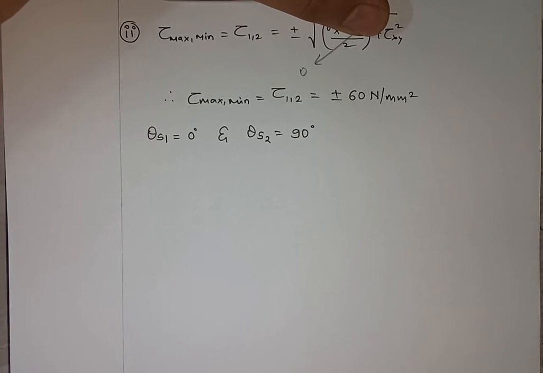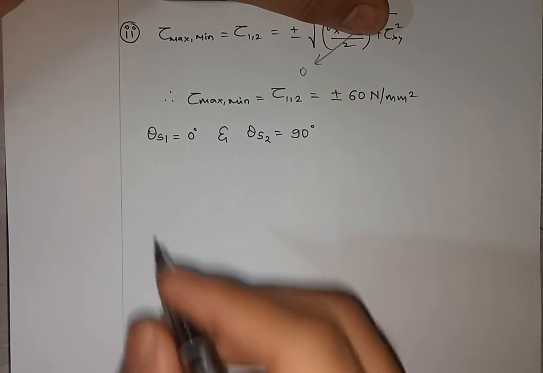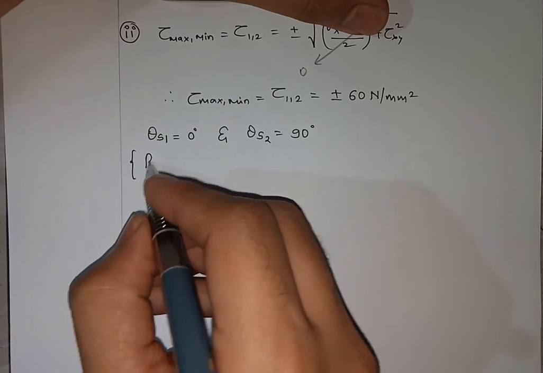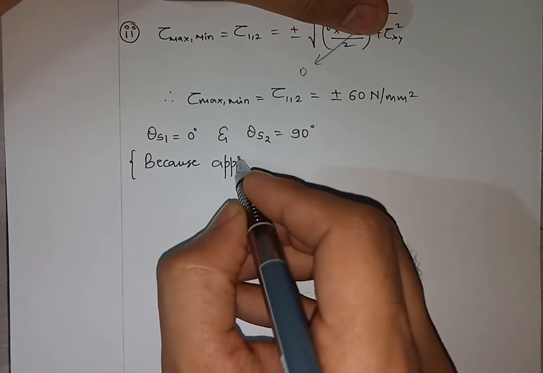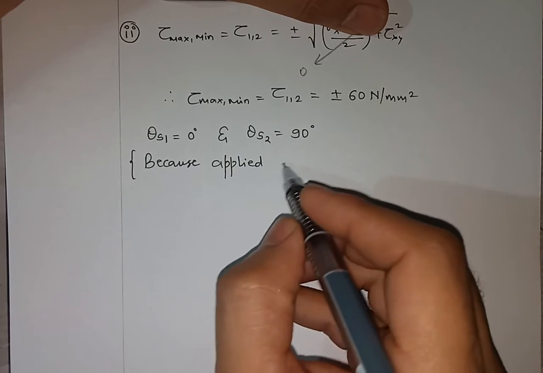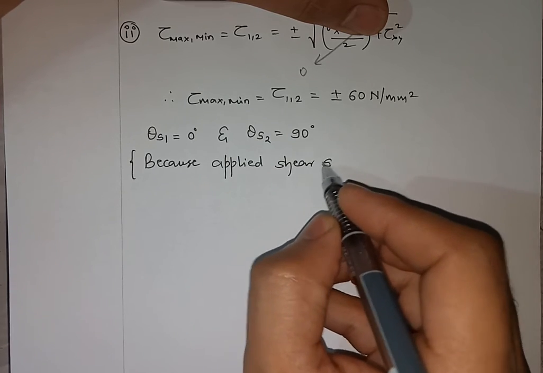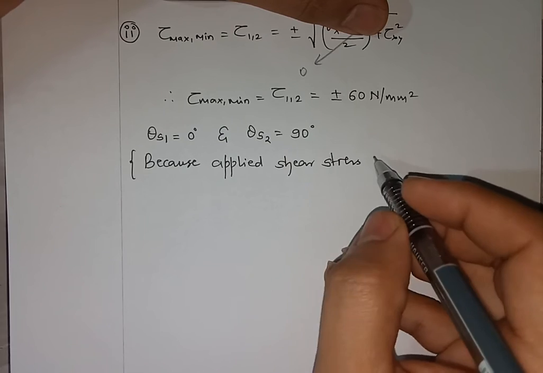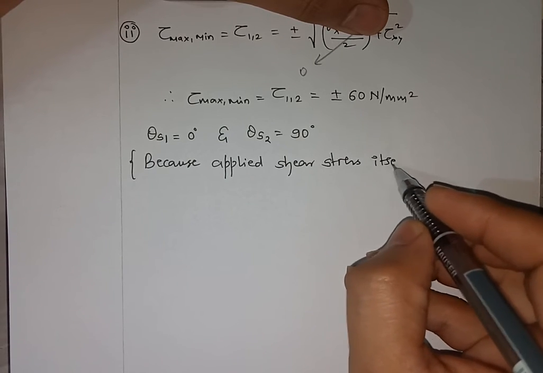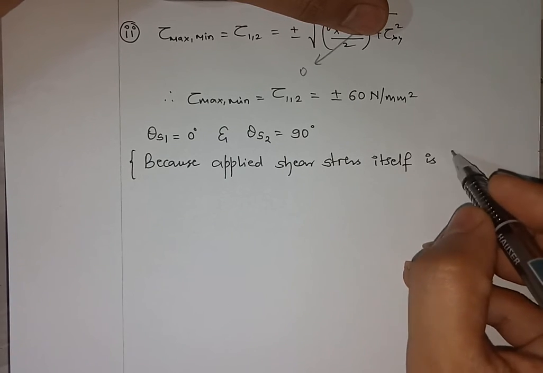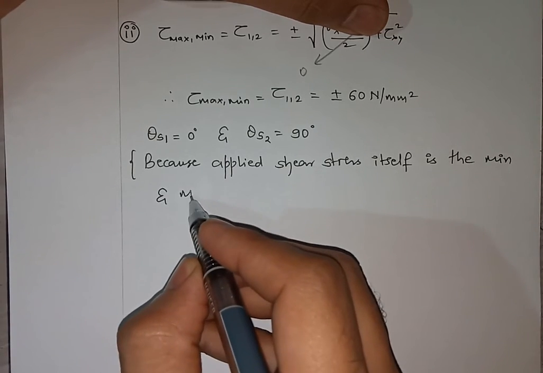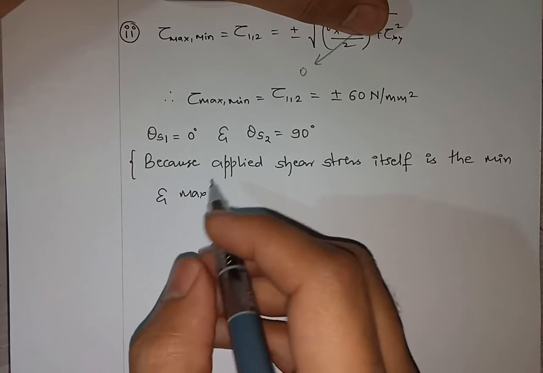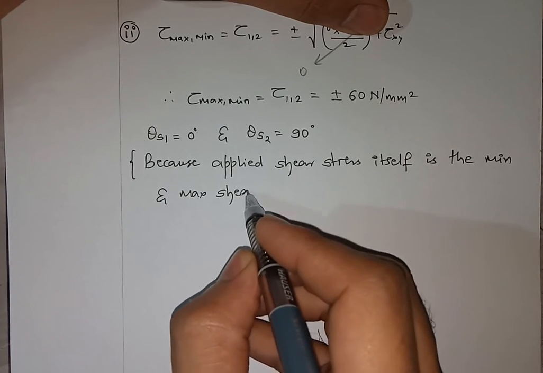Right? How I have written it? Because applied shear stress itself is the maximum and minimum shear stress. I will write here because applied shear stress itself is the minimum and maximum shear stress.